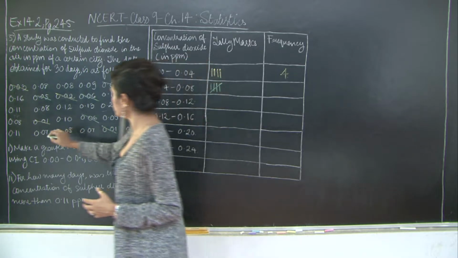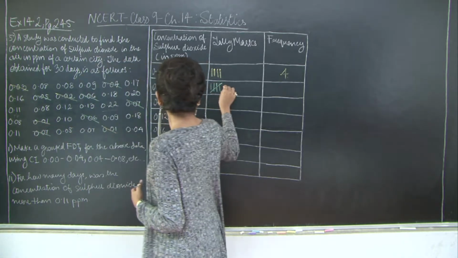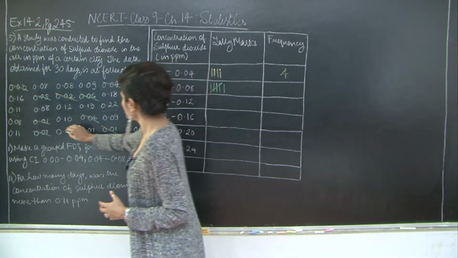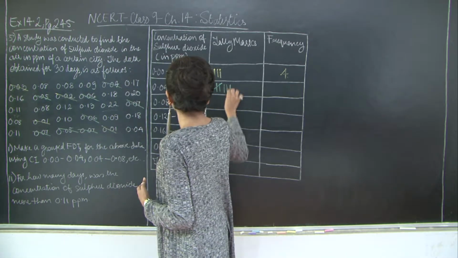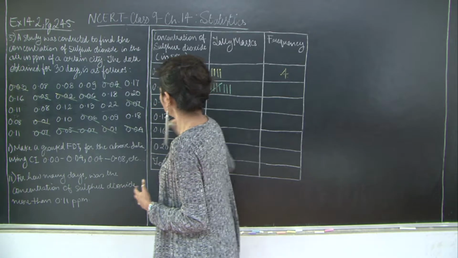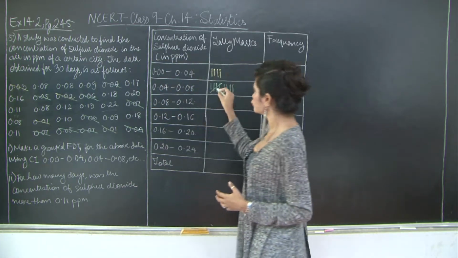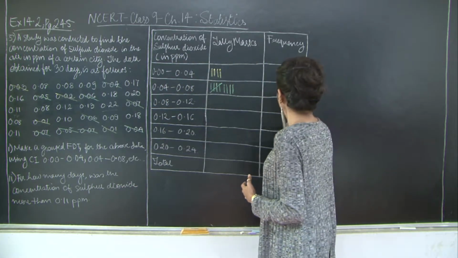Then continuing, you have 0.07, 0.05, 2, then 3, and 4. So this is going to be 5 plus 4, which is 9.